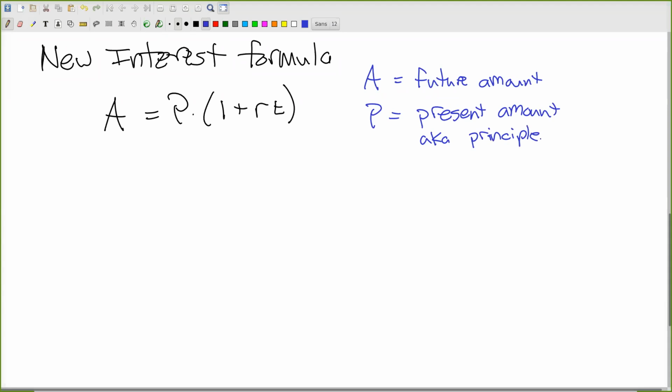Principal, not principal, like the guy at your high school that was in charge. Then we have R. R is an interest rate, and it is usually a yearly rate. And this is going to be important.